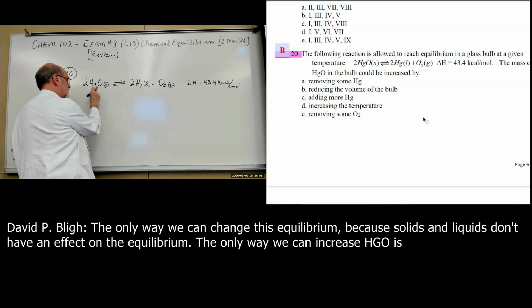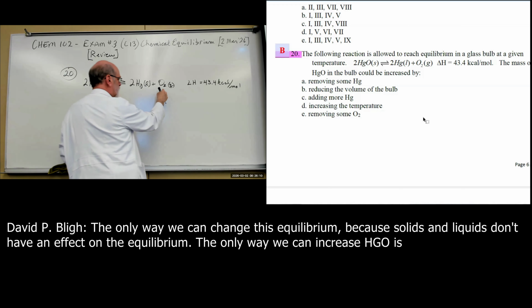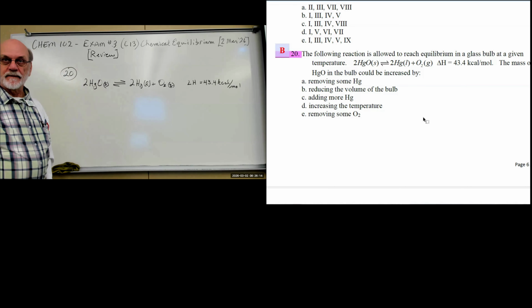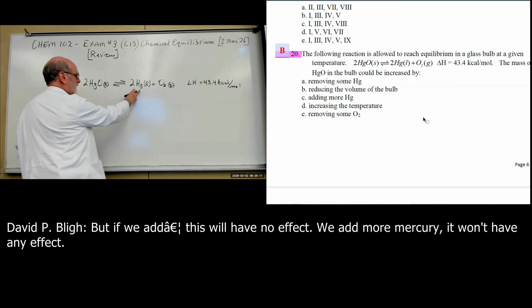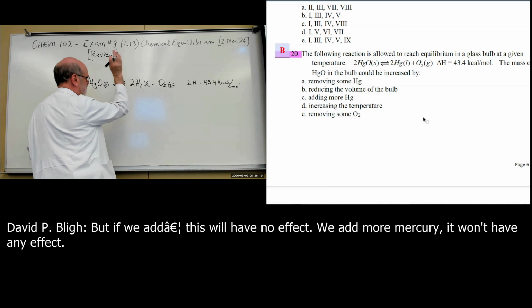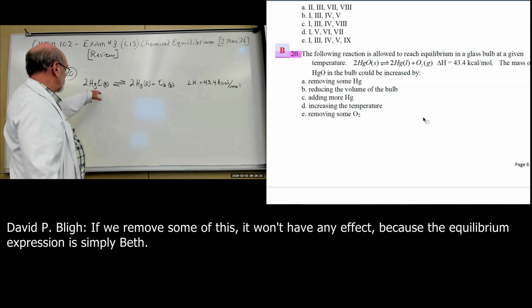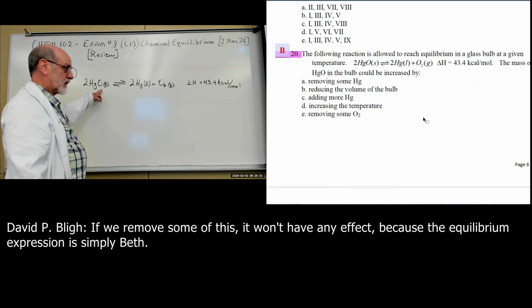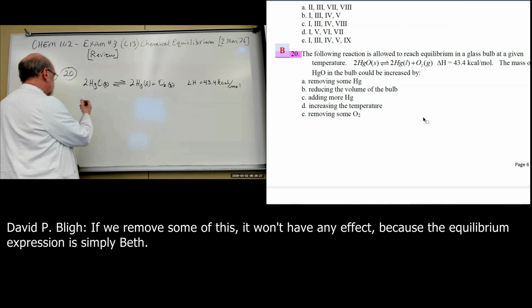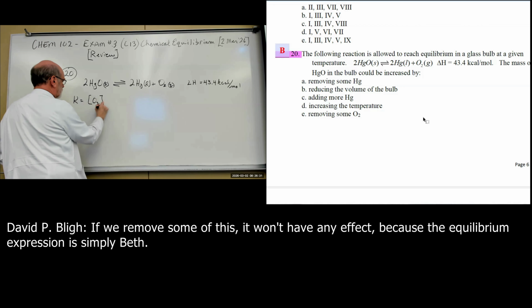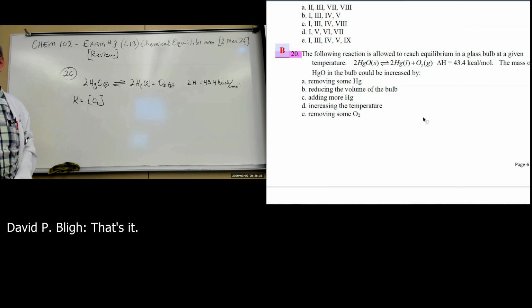The only way we can increase HgO is add more oxygen. If we add, this will have no effect. We add more mercury, it won't have any effect. If we remove some of this, it won't have any effect because the equilibrium expression is simply that. That's it.